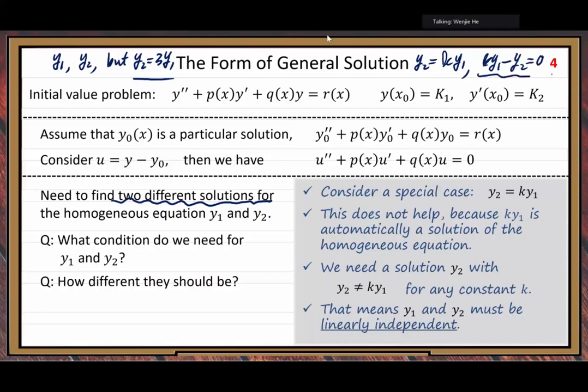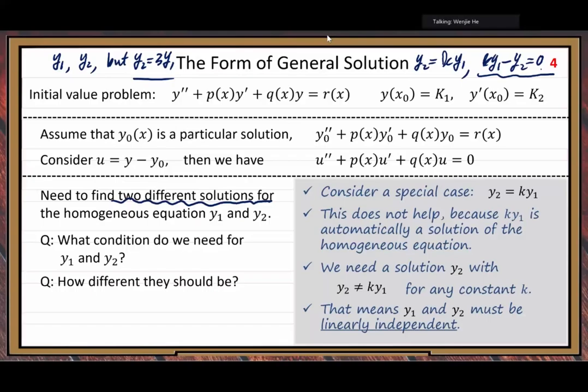This equation tells us these two functions are linearly dependent.